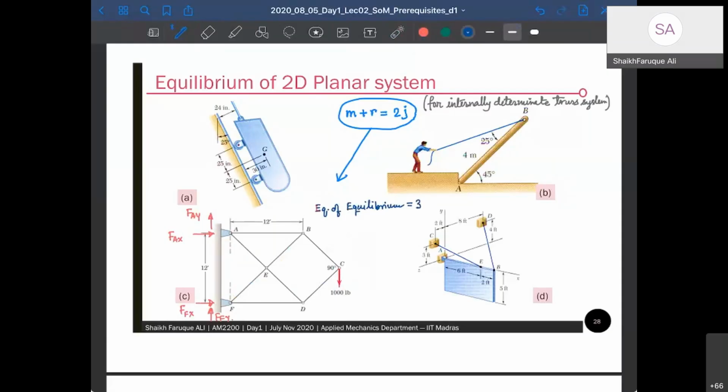Number of unknown support reactions equal to 4. So it's supposed to be an indeterminate structure. But can we solve it? Please answer me. Yes or no, whatever. Can we solve this problem?